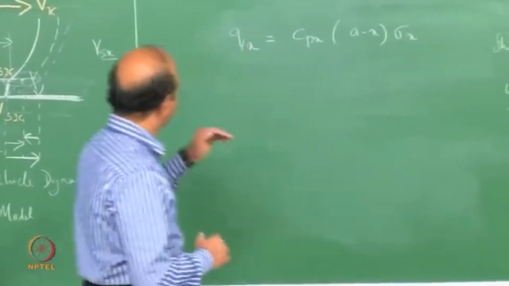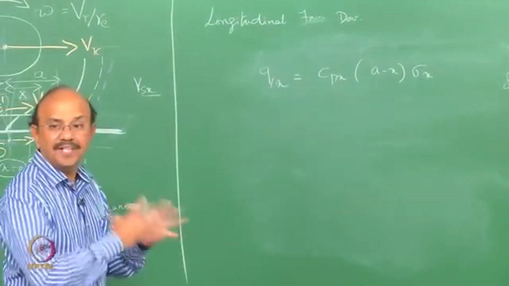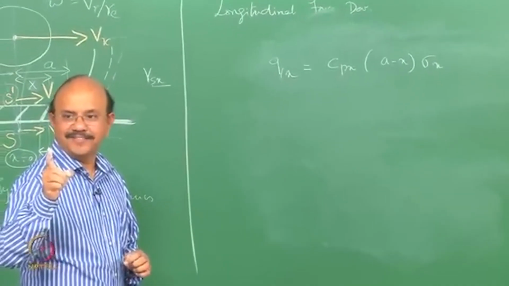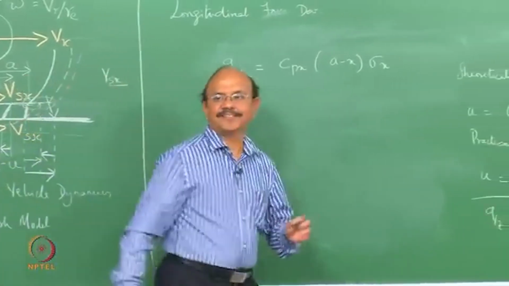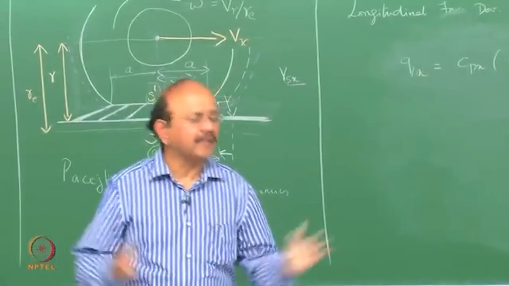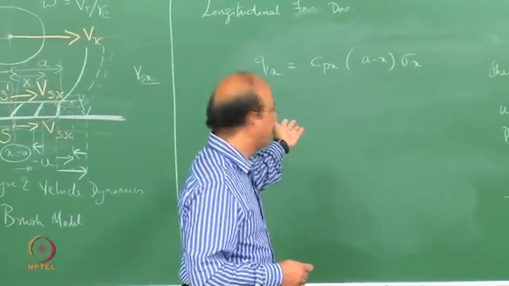That's fine. So the next step for us is to find out, when does the slip happen? Is it slip? When does the sliding happen? What do you think? Yes.